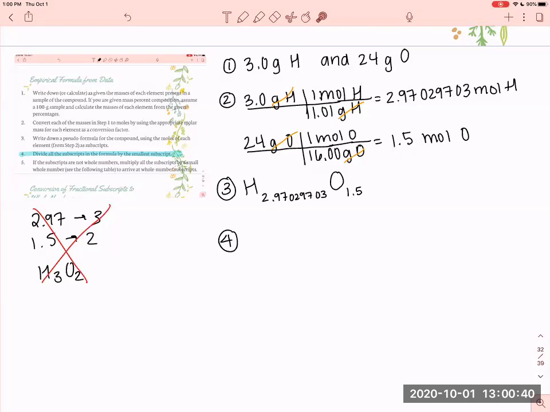Now, could we round this 2.97 to 3? Sure, but we can't round the 1.5 to 2. So 2.97 to 3, that's fine. That's definitely not fine. This is okay, but because this one is not fine, I have to do something to one of these numbers. I have to do it to both.